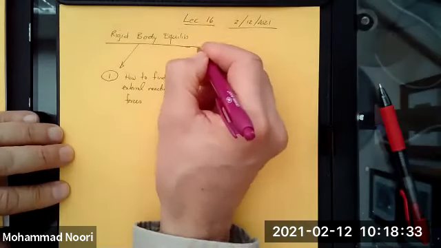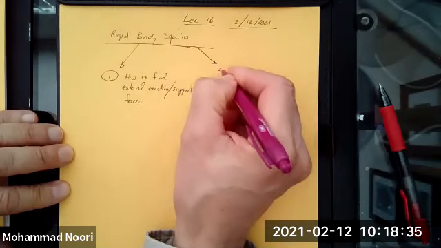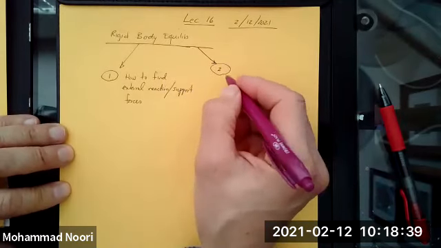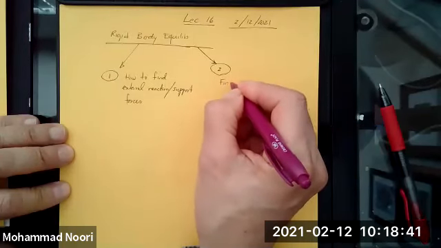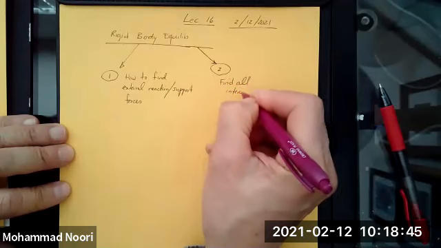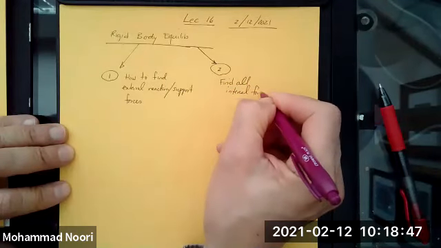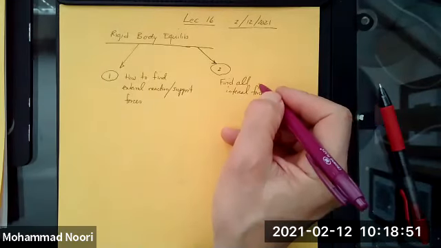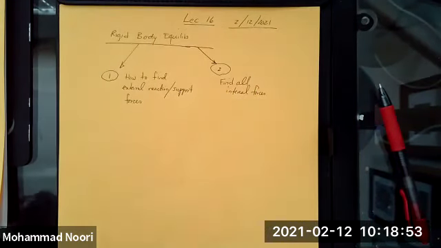Then we said the next step or the objective would be, okay, to find all internal forces. And what did we mean by that? That is, any structure is made of components.